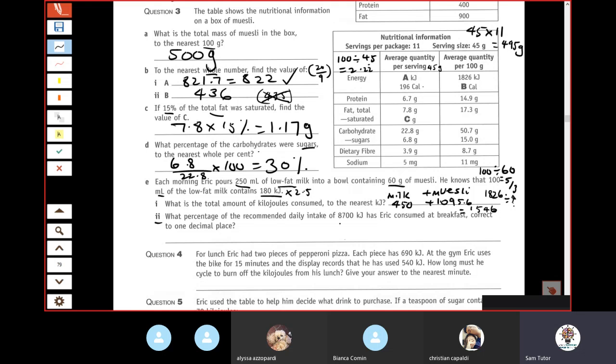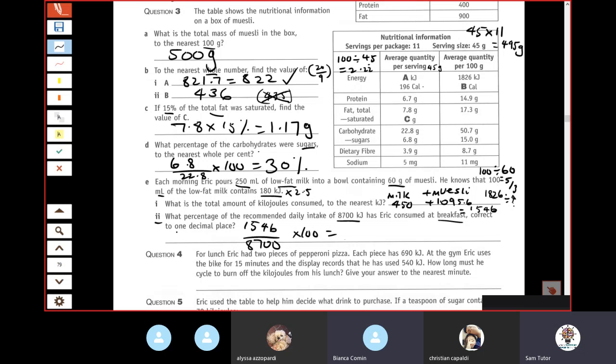Double A. What percentage of the recommended daily intake has Eric consumed already at breakfast? Well, 1546 over 8,700, and then again times by 100. So 18%.